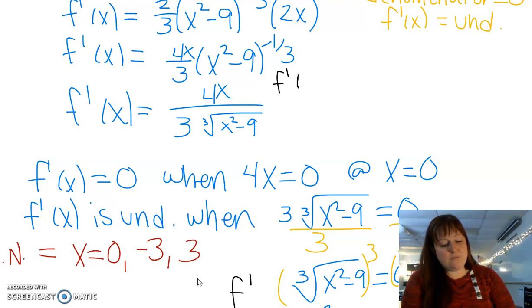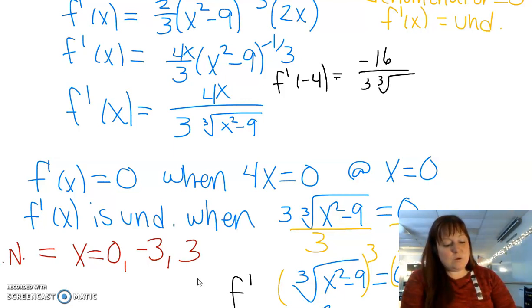This is less than negative 3, and you could pick any number: negative 100, negative 1 million. As long as it's less than negative 3, that's all that matters. So f prime of negative 4 is going to give us negative 16 over 3 times the cube root of 16 minus 9. All that we care about is whether this is positive or negative.